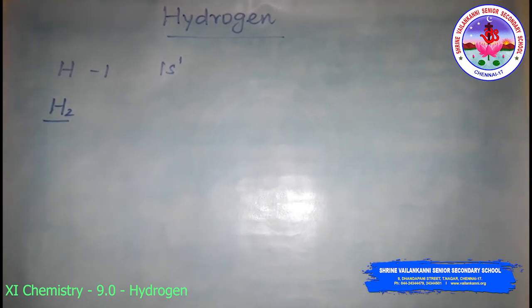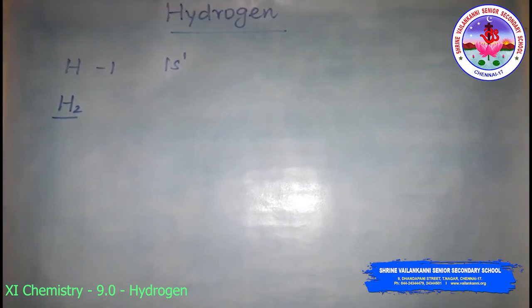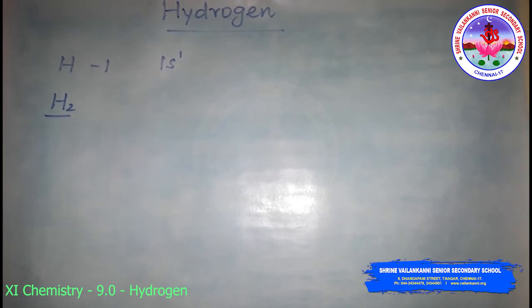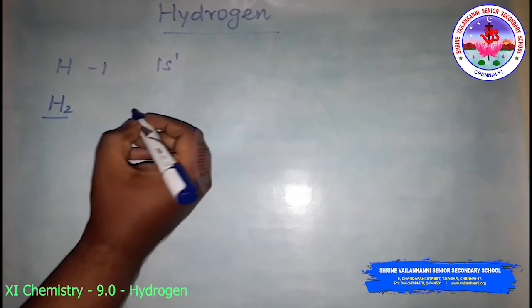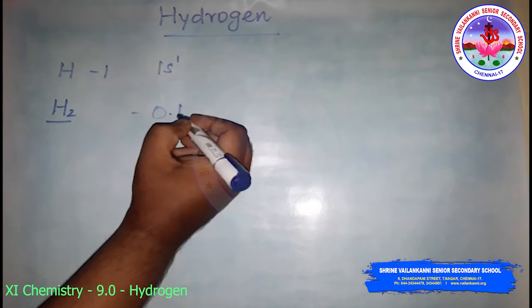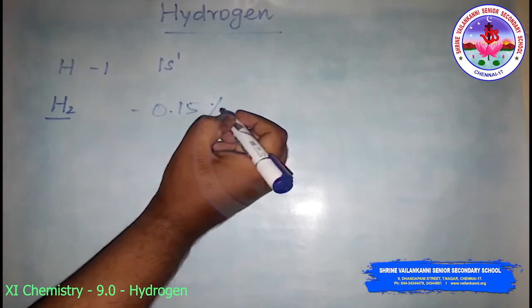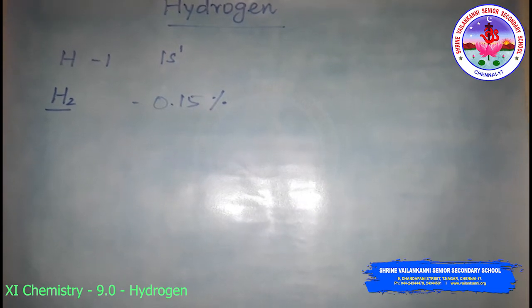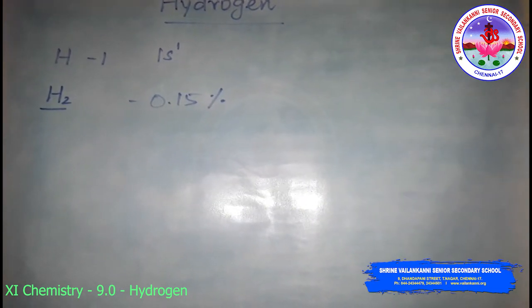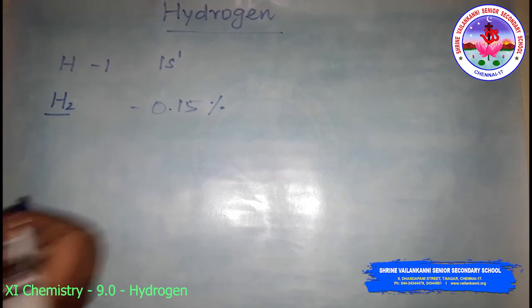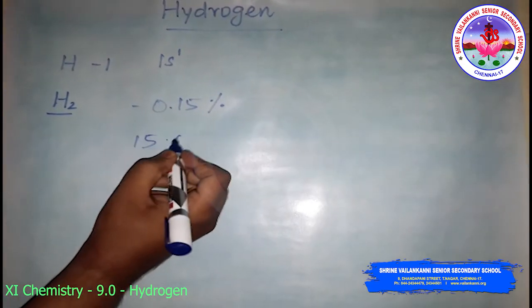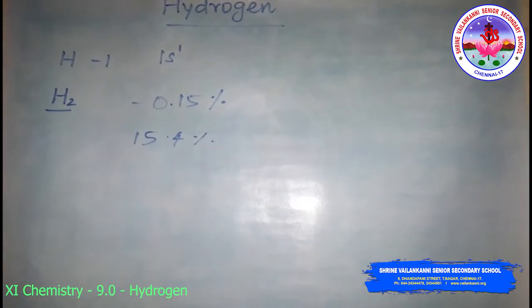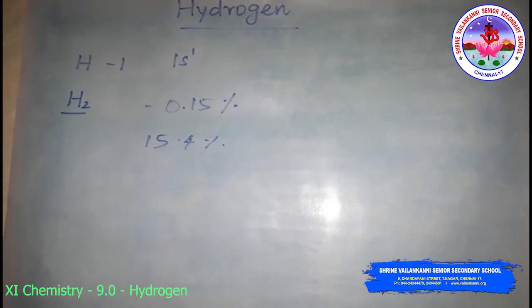However, due to its light nature, it is much less abundant in Earth's atmosphere, that is 0.15% only. Of course, in the combined form, it constitutes 15.4 percent of the Earth's crust and the ocean.